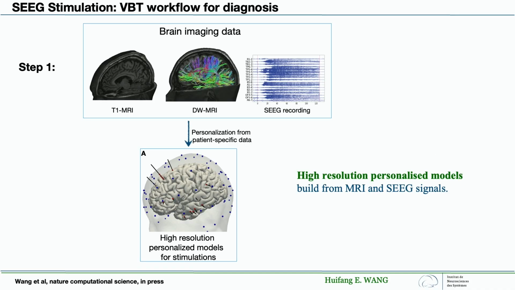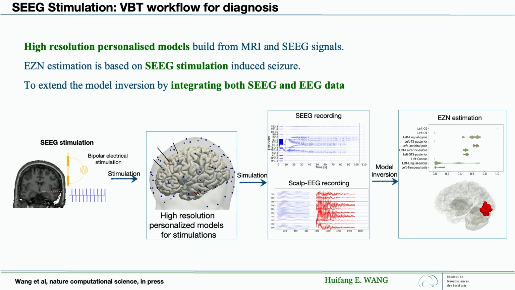As we already showed, from the structural data and the functional data, we build these high-resolution personal models for stimulation here. And then we put our stimulation parameters here as SEEG stimulation. We build our twins here, and then we map to the SEEG recordings and the scalp EEG recordings. So we put together, we try to identify what the EZ network looks like.